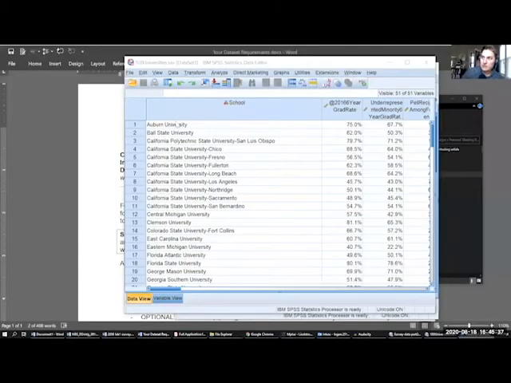Okay, and let's look at one more data set. So I'm going to share with you one more data set because it gives another good example of a different type of responder that you can use. So in this case, I have a data set of schools, universities, named by university.